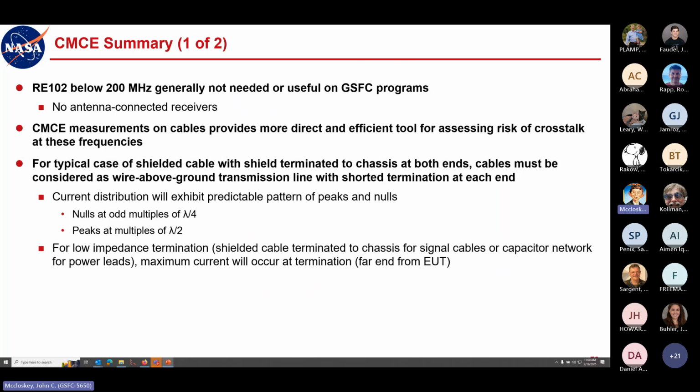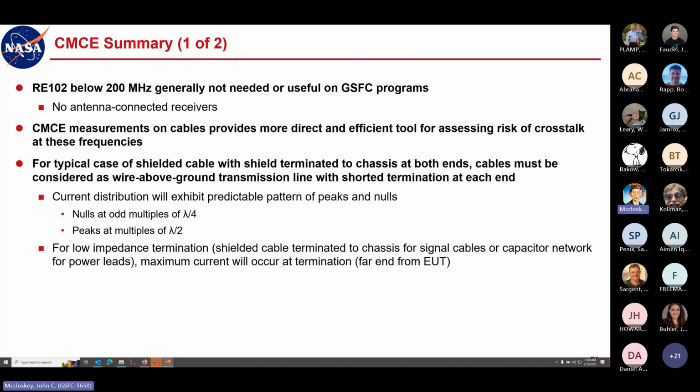For a typical case of a shielded cable with a shield terminated to chassis at both ends, the cables must be considered wire above ground transmission lines with shorted termination at each end. And that current distribution will exhibit a predictable pattern of peaks and nulls. Nulls at odd multiples of lambda over 4, peaks at multiples of a half wavelength. And that's just physics. That is what you will see.